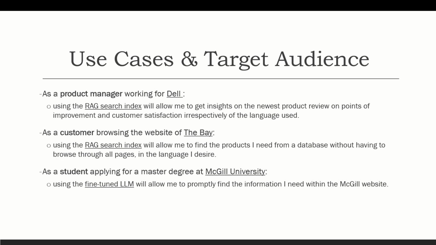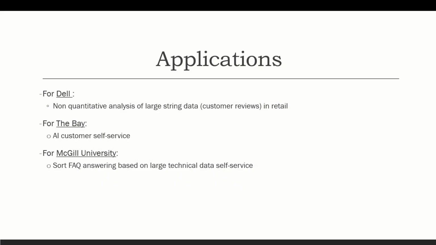The second use case will be for a customer browsing the website of the Bay and searching for a particular product. The third use case would be for a student applying for a master's degree at McGill and searching for specific information from the FAQ. As we can see, those use cases can be for internal applications, external applications, or even for both.